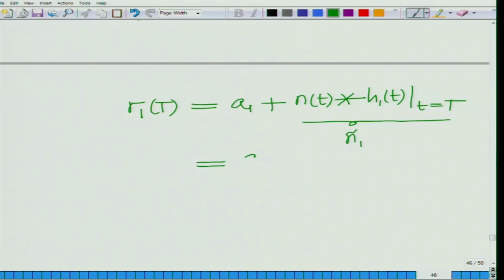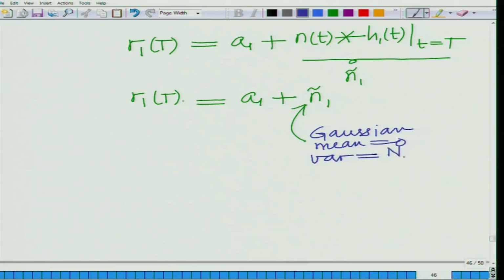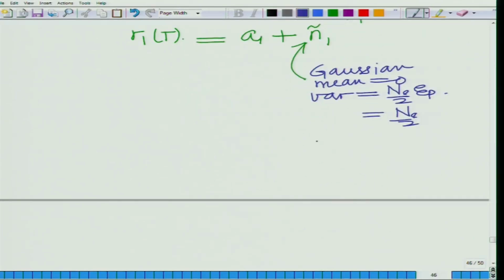So, after matched filtering we know R1 equals A1 plus N1 tilde, and from matched filtering we know that N1 tilde is Gaussian, since the input noise process is Gaussian, with mean equal to 0 and variance N naught by 2 EP, which is equal to N naught by 2, since EP equals 1, since the pulses are unit norm.